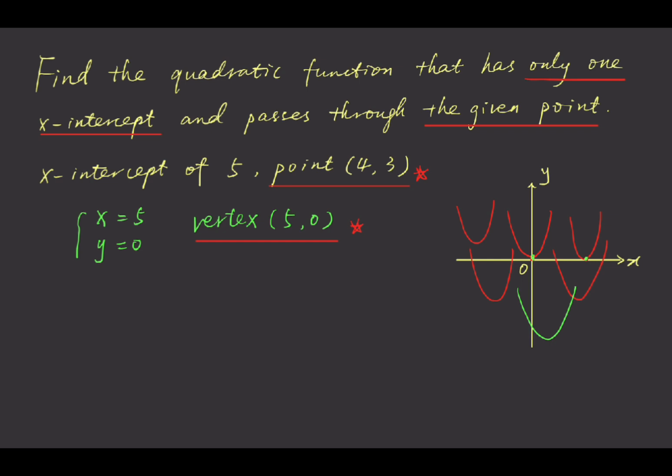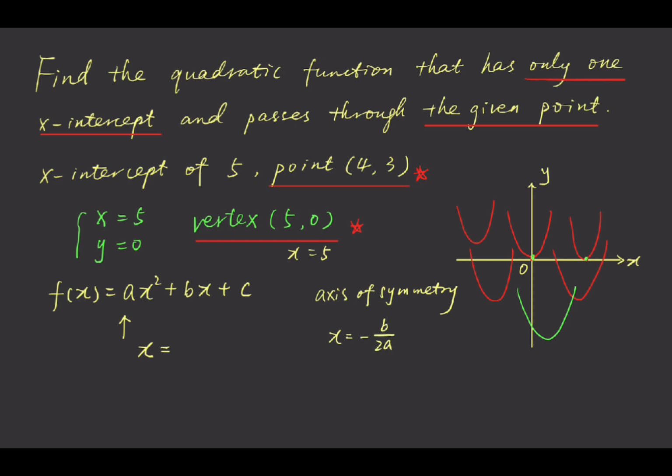From this information, what can we do? For the function f(x) equals ax squared plus bx plus c, the vertex is at x equals 5, meaning the axis of symmetry should be x equals negative b over 2a.